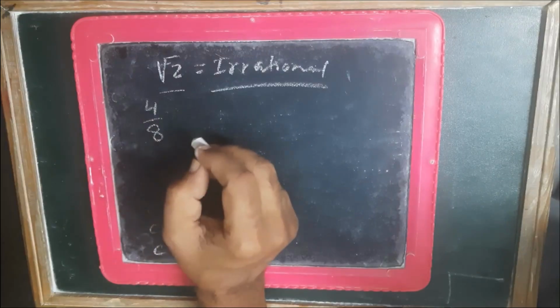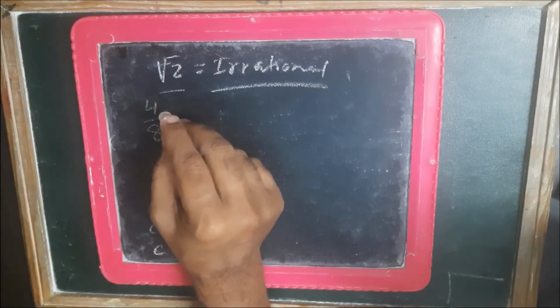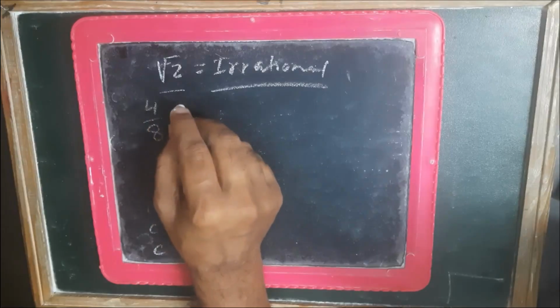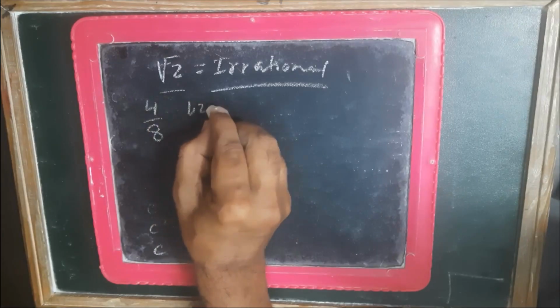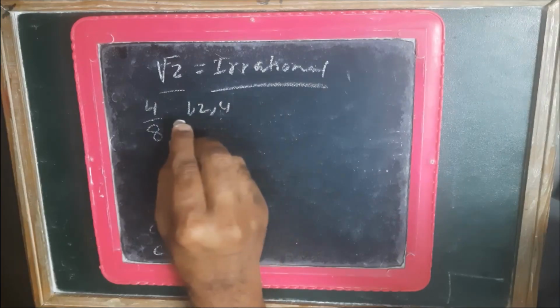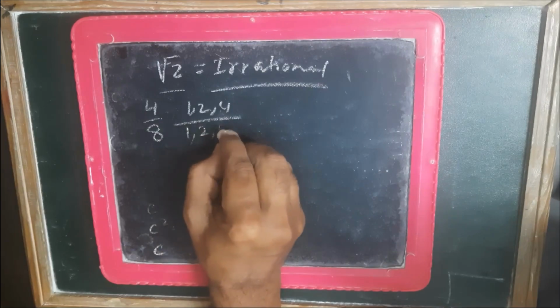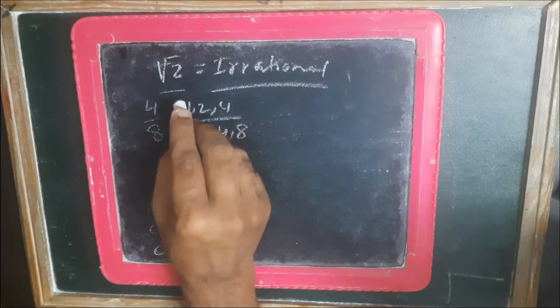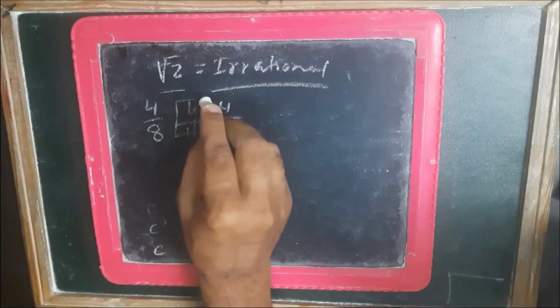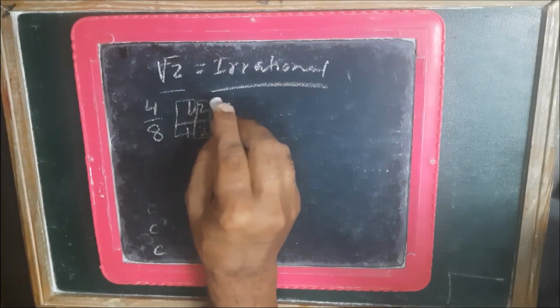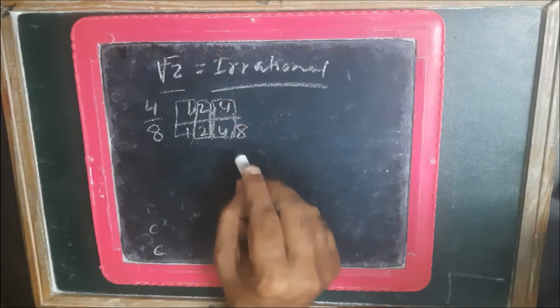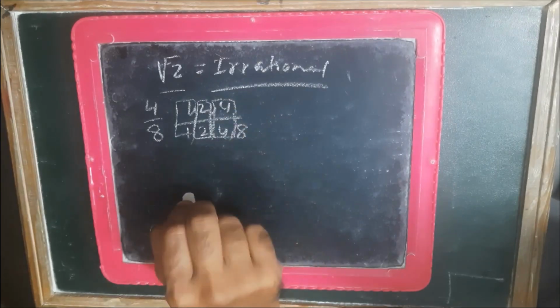Here the factors of 4 are 1, 2 and 4, and factors of 8 are 1, 2, 4 and 8. Here you can see there are common factors. We'll try to find the common factors here. 1, 2, 4 are common factors.